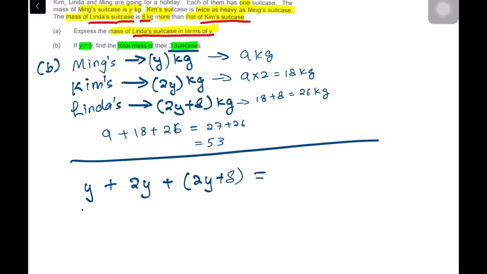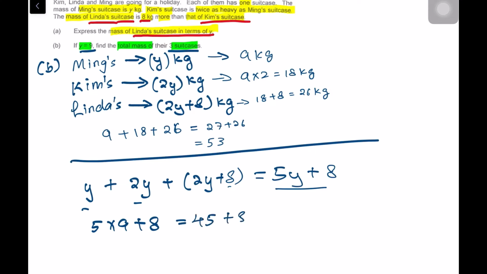So we have y plus 2y, 3y. 3y plus 2y is 5y plus 8. And y is equal to 9. So now you substitute the value of y into this expression. So 5 times 9 plus 8, which gives us 45 plus 8, which in turn gives us 53.